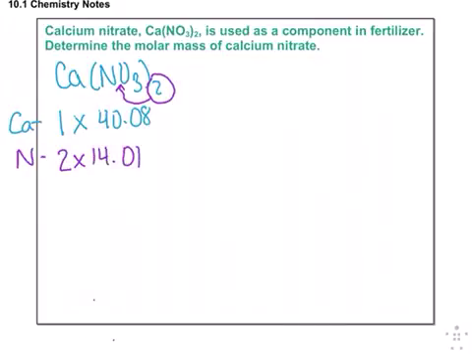Then, again, you do the same thing, but this time we're looking at oxygen. How many oxygen atoms do we have in this compound? 6. Multiply that by its atomic mass, and we get 16.00.